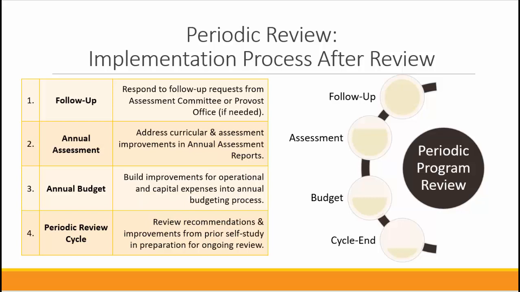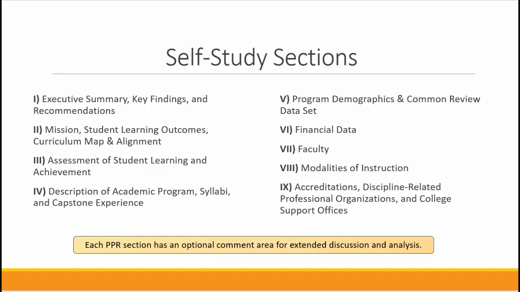So if that means things like new technology or another shifting of resources, that goes into the annual budgeting process. And then over the course of a 4 or 5 year cycle, you should be reviewing the recommendations and improvements so that by the time you come around to your next PPR, which will be in about 4 to 5 years, you're able to report back on those sections. So let's take this next moment to go through the sections of a PPR in the academic program.